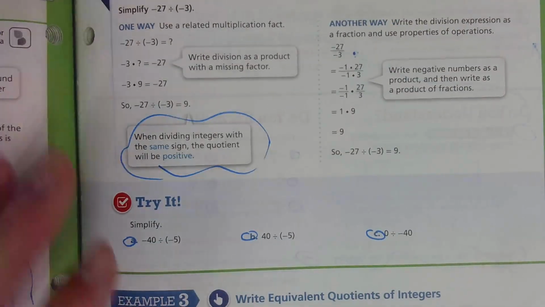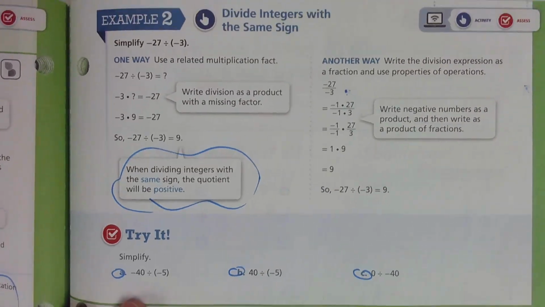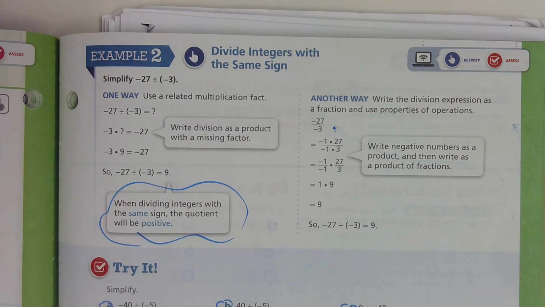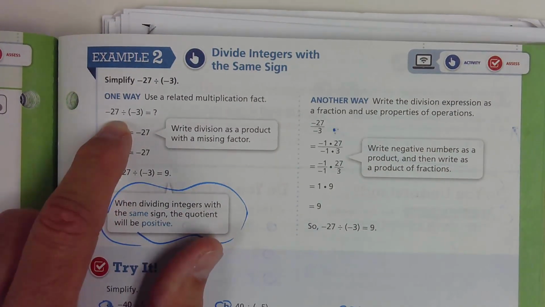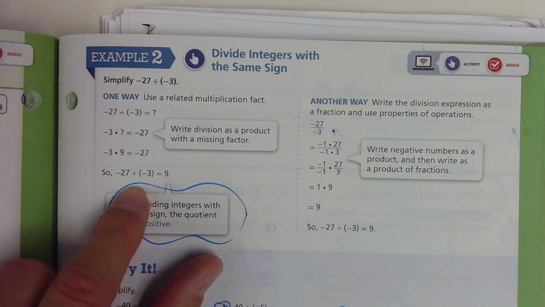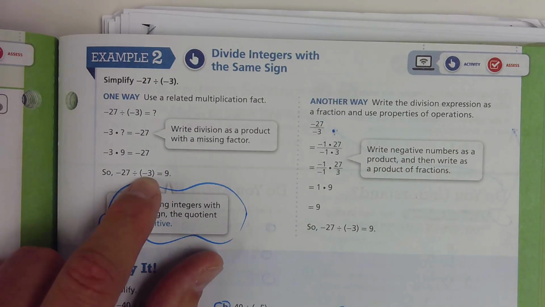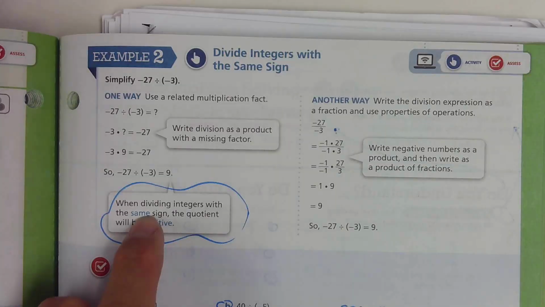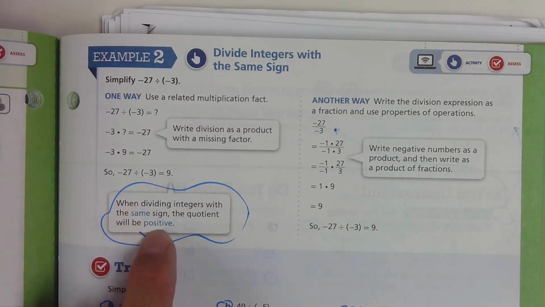Example 2 here, it says dividing integers with the same sign. So here we have an example of a -27 being divided by a -3. We have two negatives, so the answer is going to be positive. And -27 divided by a -3 equals 9. And so then they have this. You might want to circle this like I did the last one.